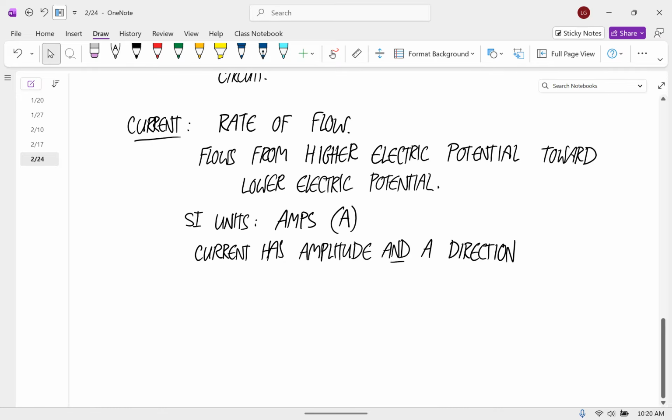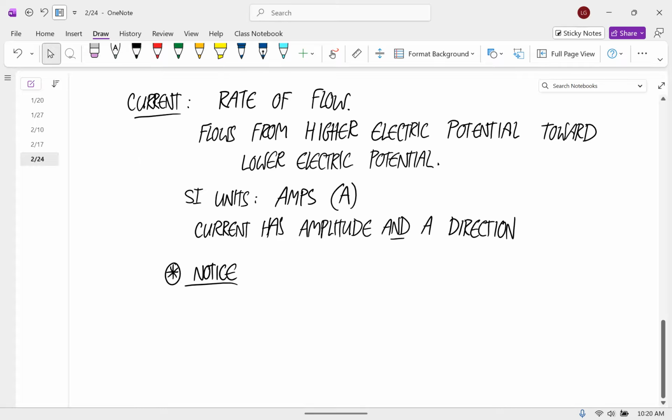And then the last one is resistance. Oh, before I say that, let me say one thing about current. So I said that this is maybe the most important one.